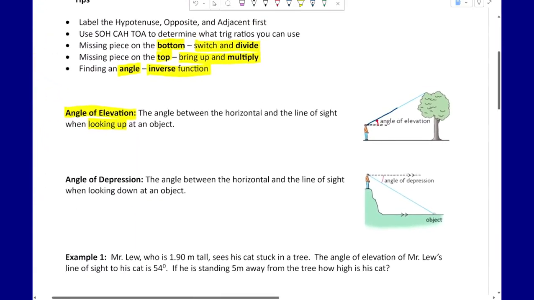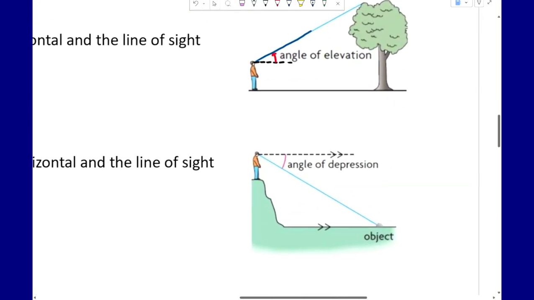On the flip side, aside from the angle of elevation, we have the angle of depression. The angle of depression is very similar to the angle of elevation, except instead of looking up from the horizontal, we are looking down from the horizontal. Again, looking at our diagram, we have our dotted line representing our horizontal.